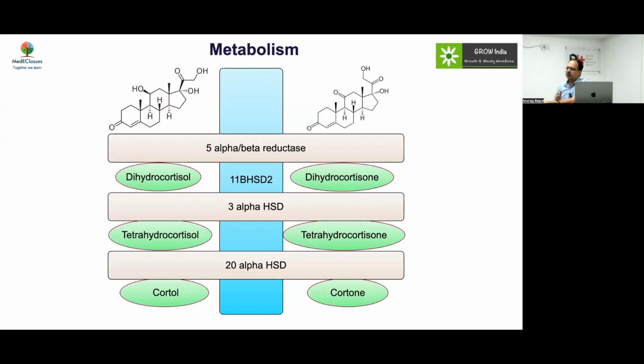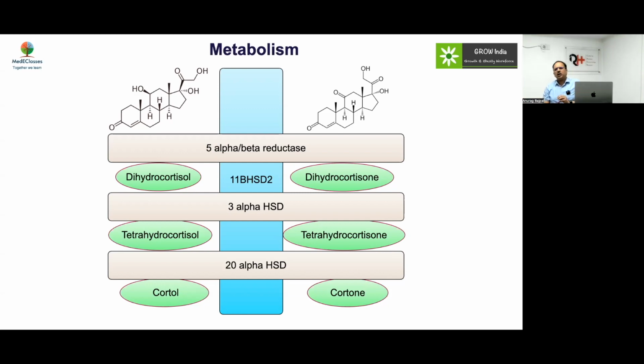So which condition would this be helpful? And high blood pressure. I think there's nothing much else which is required. So of course, because if your 11-beta-HSD2 is defective, you will have mainly cortones which are there. All compounds will be less. So urinary metabolites also play a role.